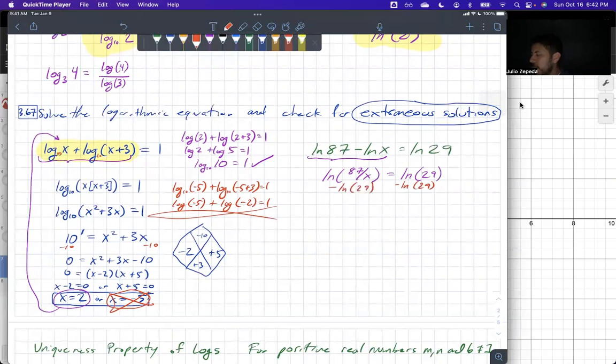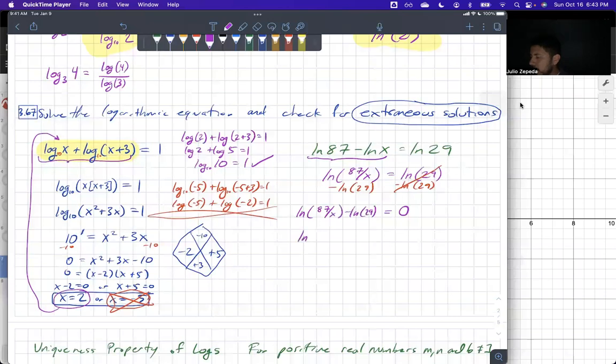And I got to move them all over to one side. On the right-hand side, I'm getting 0. On the left-hand side, I'm going to get a subtraction of 2 logarithms. And we know how to subtract 2 logarithms. We would just divide the arguments, divide the first by the second.